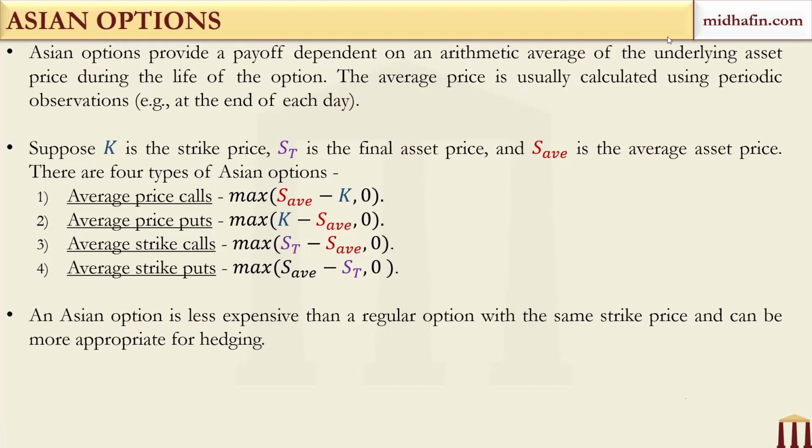But an important thing to understand here is that the impact of this on the payoff is not too much. There is some impact, but not too much, since the average prices are being taken. So that's why these are considered the cheapest. For this reason, Asian options are the cheapest. Then you have the regular plain vanilla options, and then finally you have the look back options, which are the costliest.